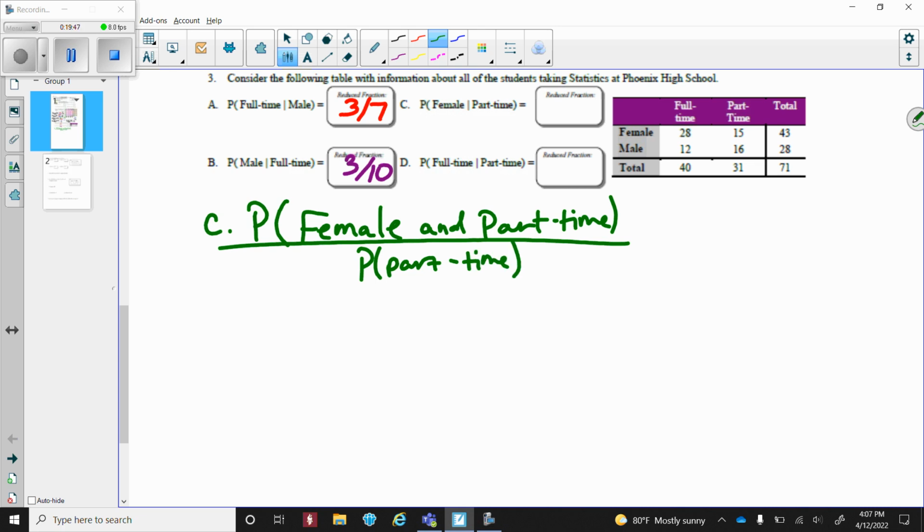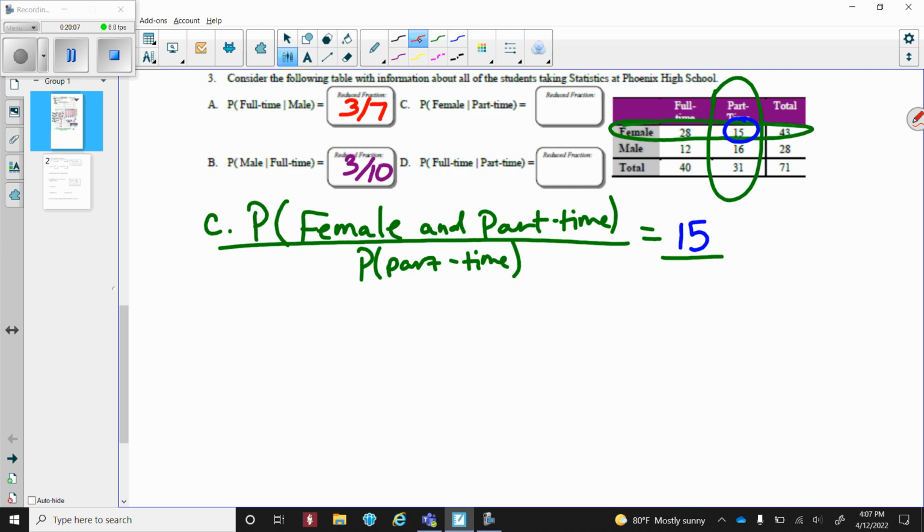So let's look at where they intersect. We have female and we have part-time. They both intersect at 15. So that means that our top here is going to be 15 where they intersect.